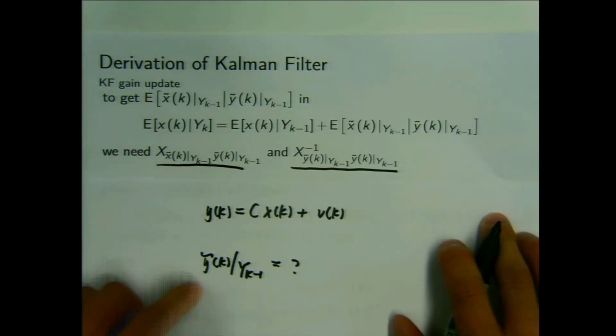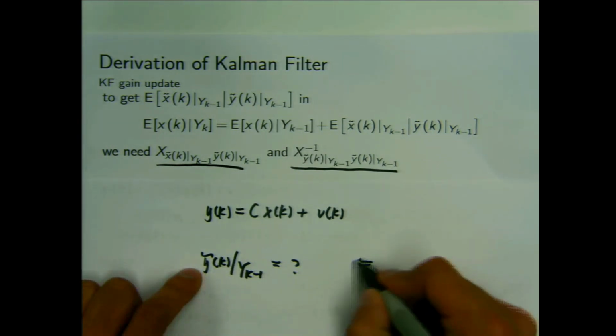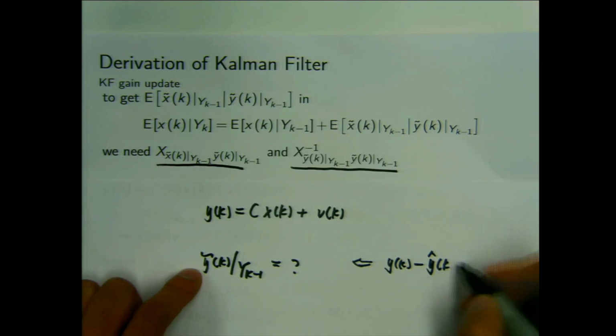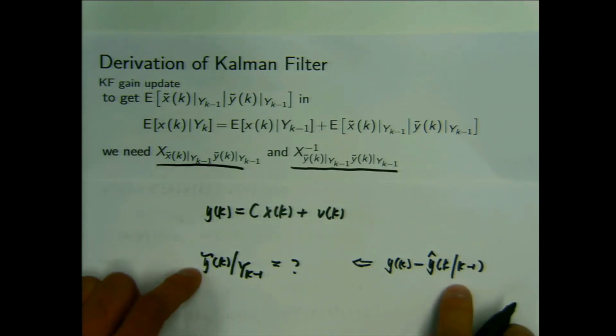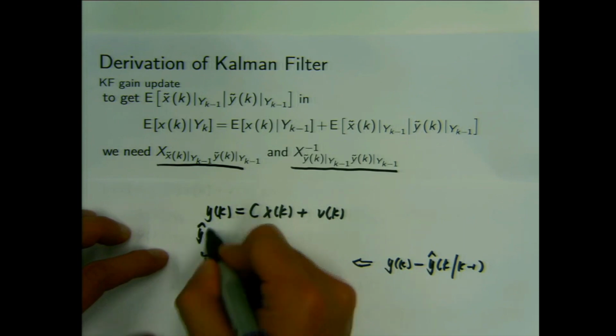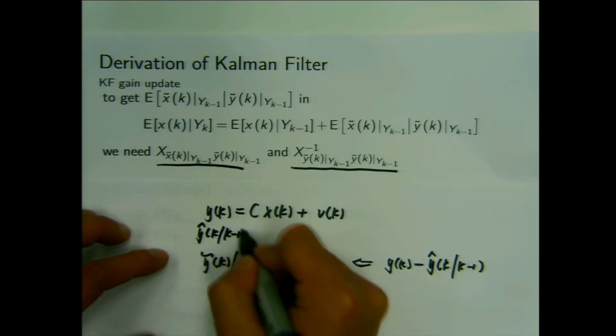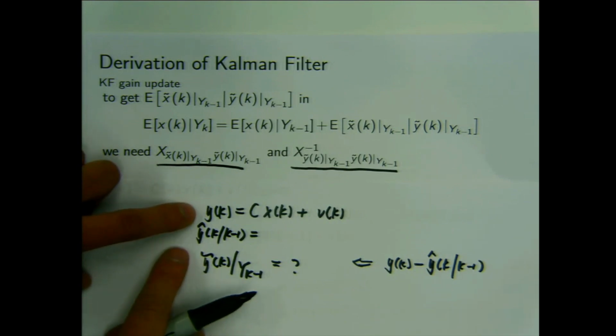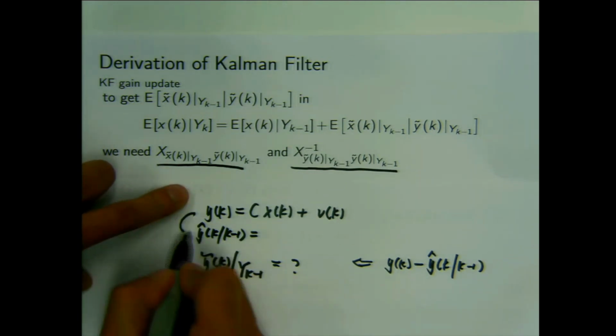To get this, as you can see, we need y_k minus y hat k. So I'm going to start using the notations I introduced in the last slide. I'm going to need this. What will y hat k given k minus 1 be, from the definition of y? How do we do this step?